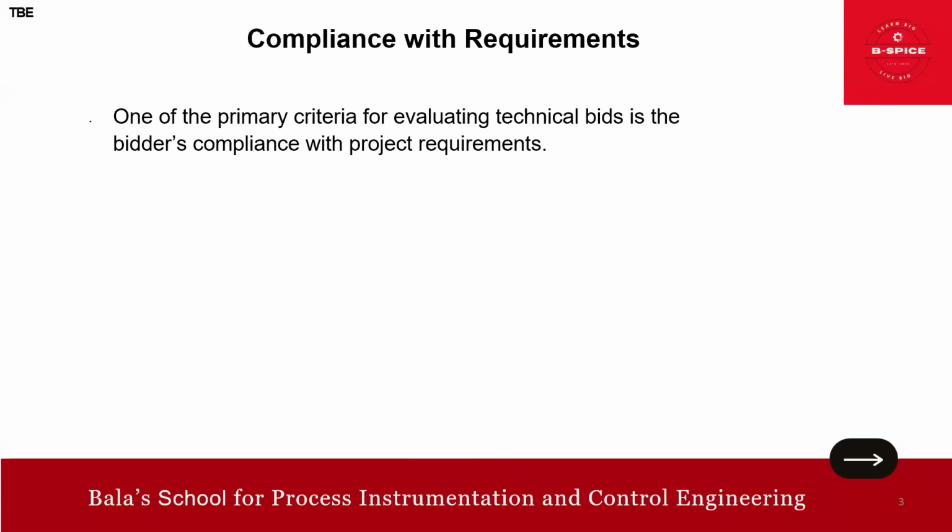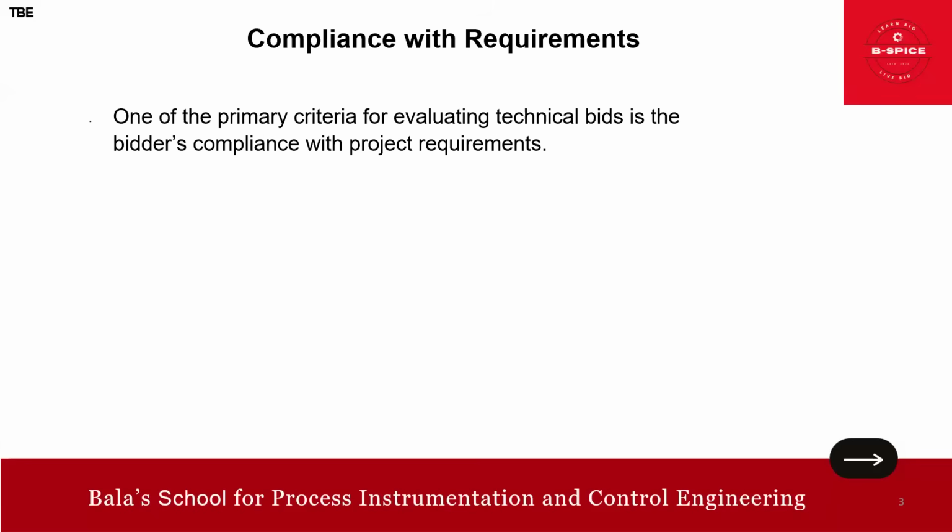Now we'll focus on what aspects we should watch out for. First and foremost is the compliance with requirements. One of the primary criteria for evaluating a technical bid is the bidder's compliance with our project requirements.